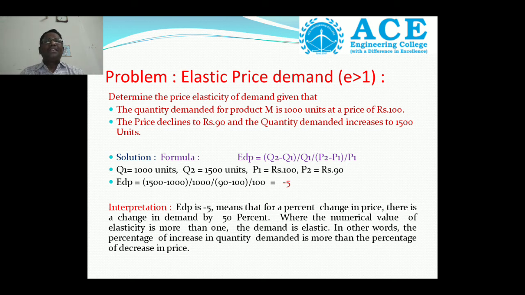So the interpretation, what should we write? Price elasticity of demand is minus 5 means that for a percentage change in price, there is a change in demand by 50%, where the numerical value of elasticity is more than 1. The demand is elastic.